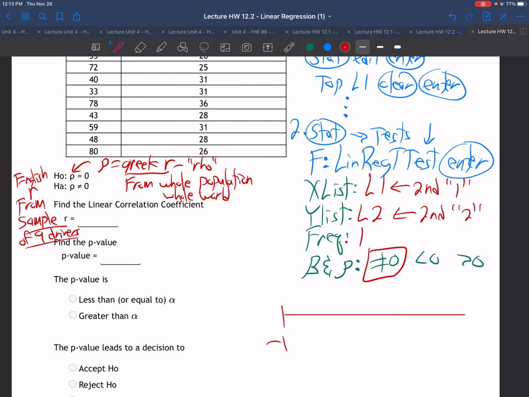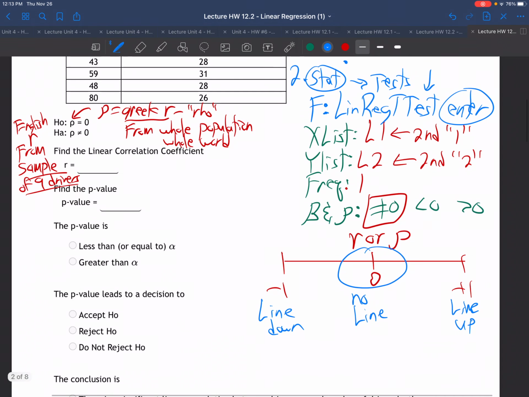always goes between -1 and +1 with 0 in the middle. R, or rho, which is really a Greek R. They're both R, basically. And remember, when it's really close to -1, this is a line going down, and this is a line going up. Anything around the 0 area is no line relationship.